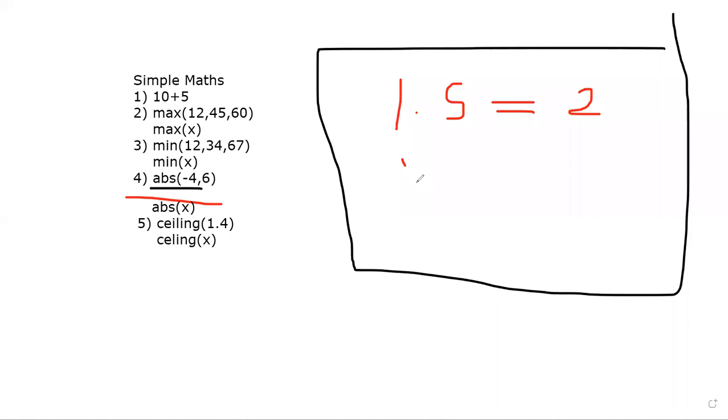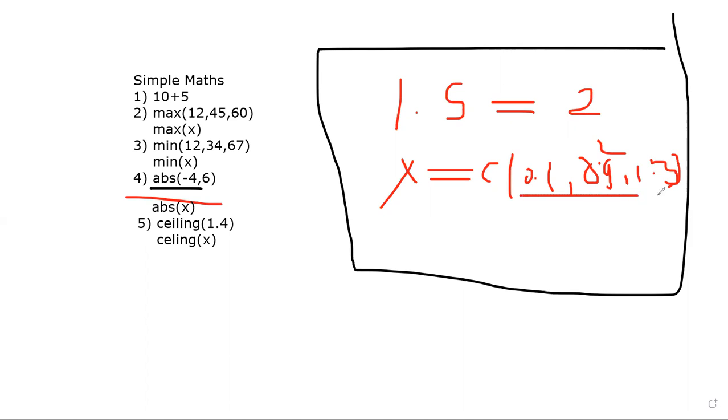Suppose we have a particular variable x which has many values, like 1.1 or 1.9, and I want it converted into its nearest integer, so 1.1 will change into 2, and 1.9 will change into 3. In a similar way we can round off these numbers upward, to 2, 3, 4, 5, 6.